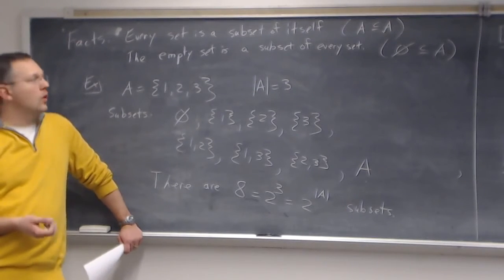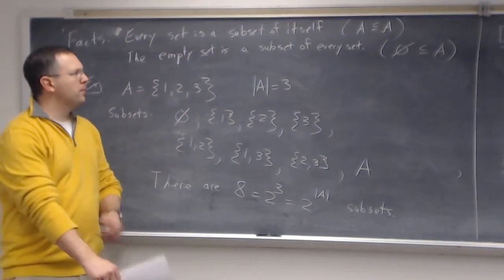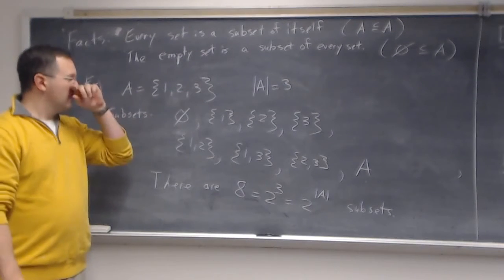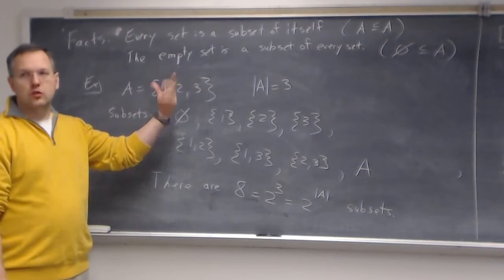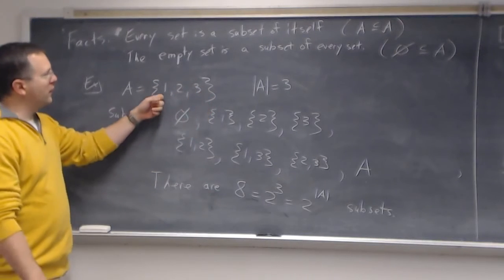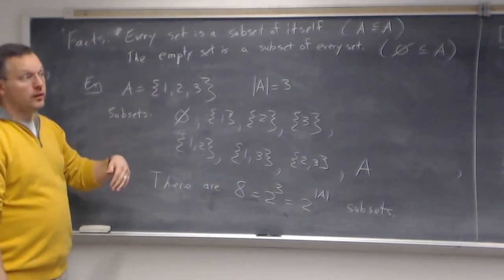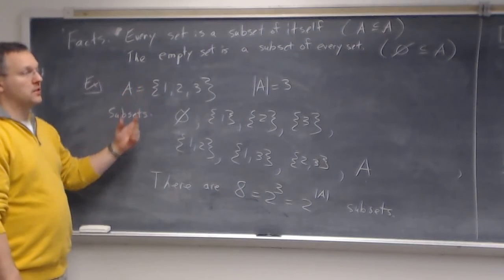Well, here's an argument why this should be true. Okay, so I start off with a set with 3 elements, right? To make a subset, I've got to choose some of these elements. So for each element, I've got to choose: should I include it in my subset or not include it? So it's either in or out of my subset.